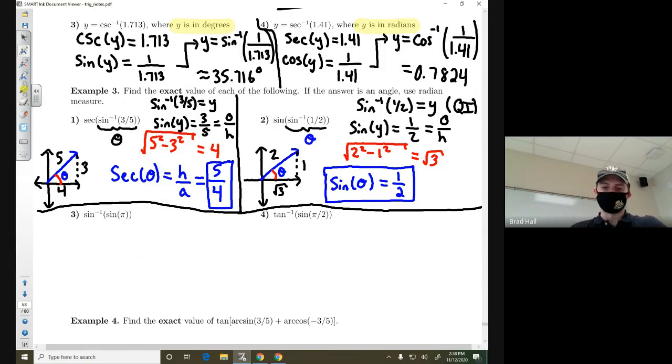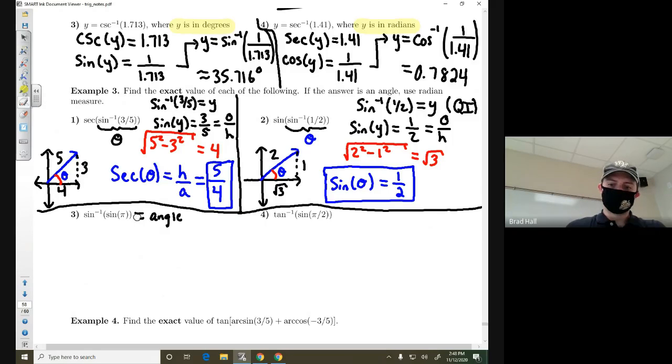So really what we're going to be getting is, if anything, an angle, because the output of an inverse is an angle. Our final answers before were just numbers, but the output of an inverse is an angle, and they tell us to use radian measure, so it's going to be in radians.